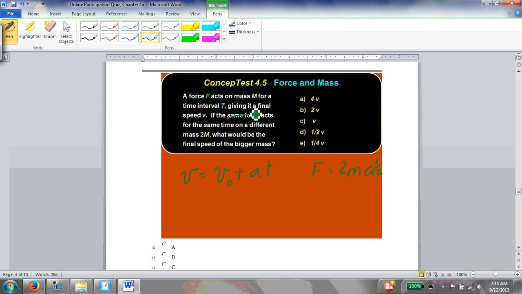If I make my mass bigger, then it's going to accelerate at a slower rate. So if I have half the acceleration, in the same time, I will have half the speed. So it's going to be d. If t remains constant, I'm going to have a half over here.